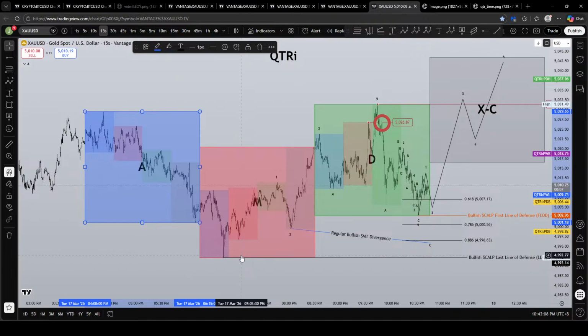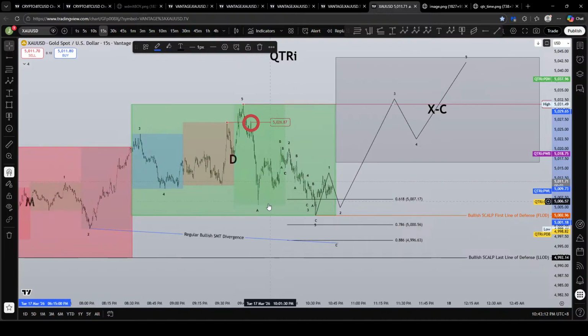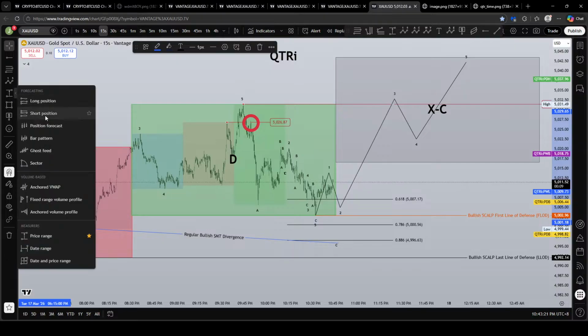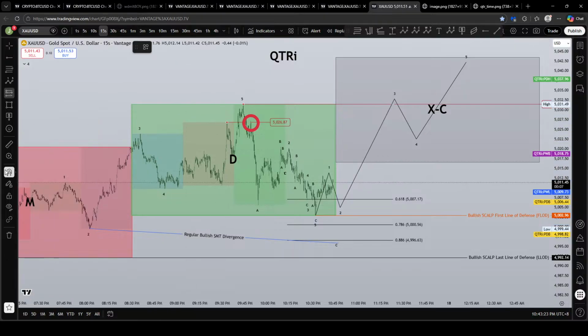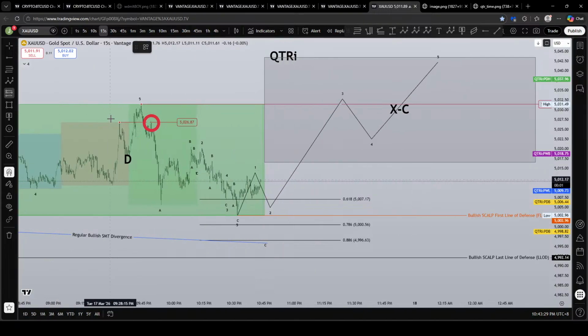So therefore, be a conservative trader. Even if you will just take profit from this wave A price here, that would give you a good risk reward ratio. So imagine if you have considered my analysis while I'm explaining it live, then your position will look like this one.